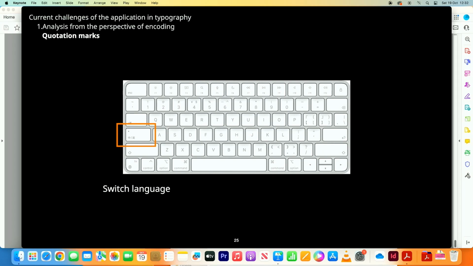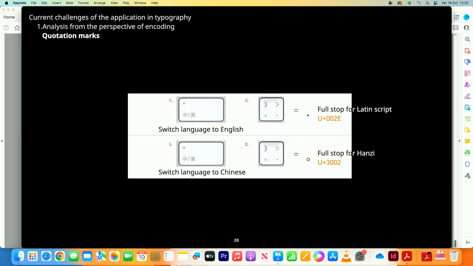Next, we are talking about the quotation marks. On the Chinese keyboard, we have a key to switch language. If the code point is separate, for example, like full stop, we just simply switch language to Chinese and then press the same key we tap for English, Latin script, full stop, and it will show a totally different result.